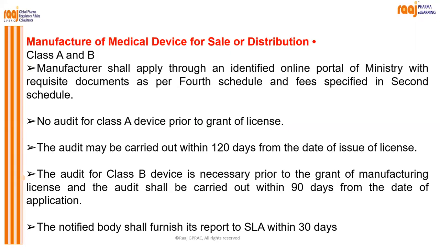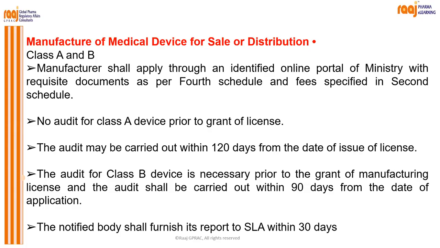So manufacturers of medical devices for sales or distribution who come under class A and B have to apply through an identified online portal of the Ministry of Health, with all the requisite documents as per the fourth schedule and the fee specified in the second schedule.